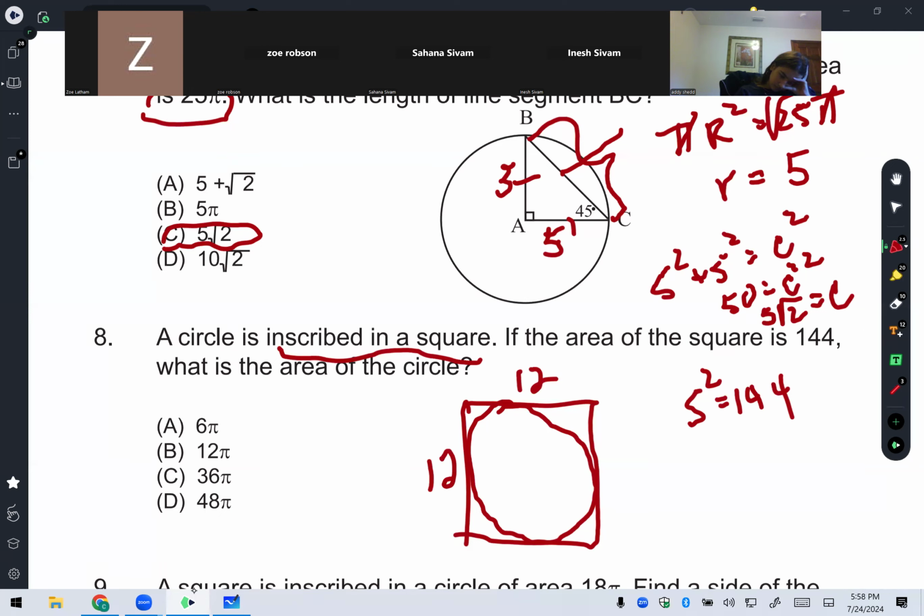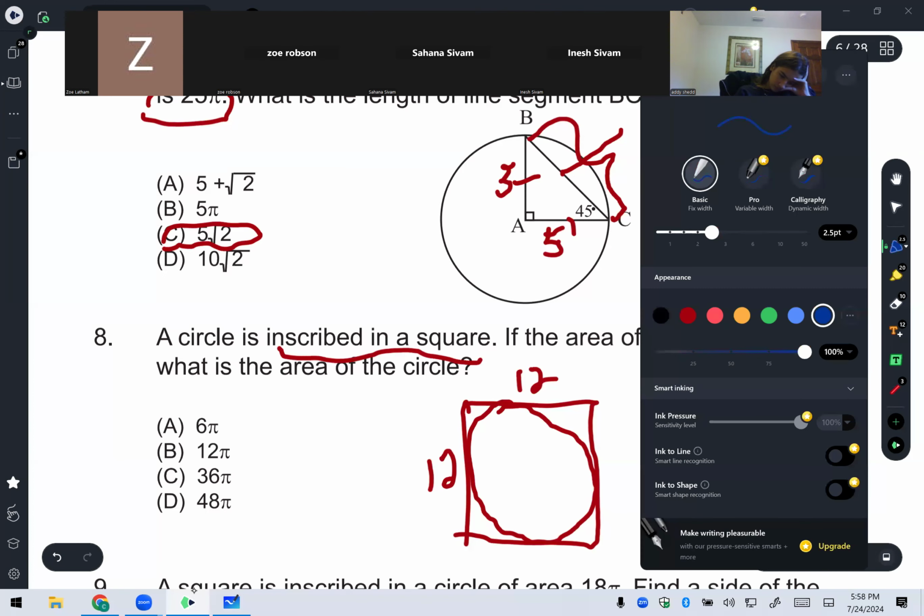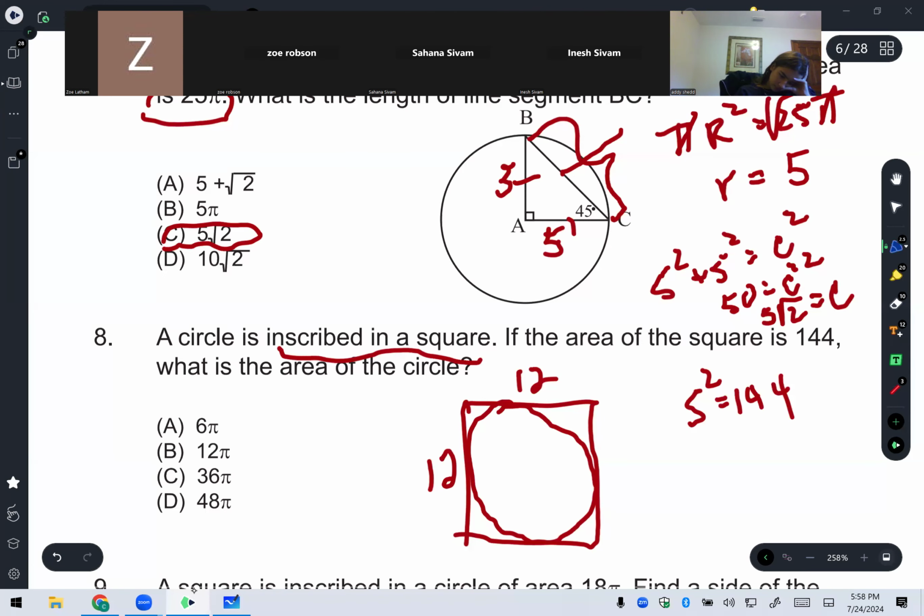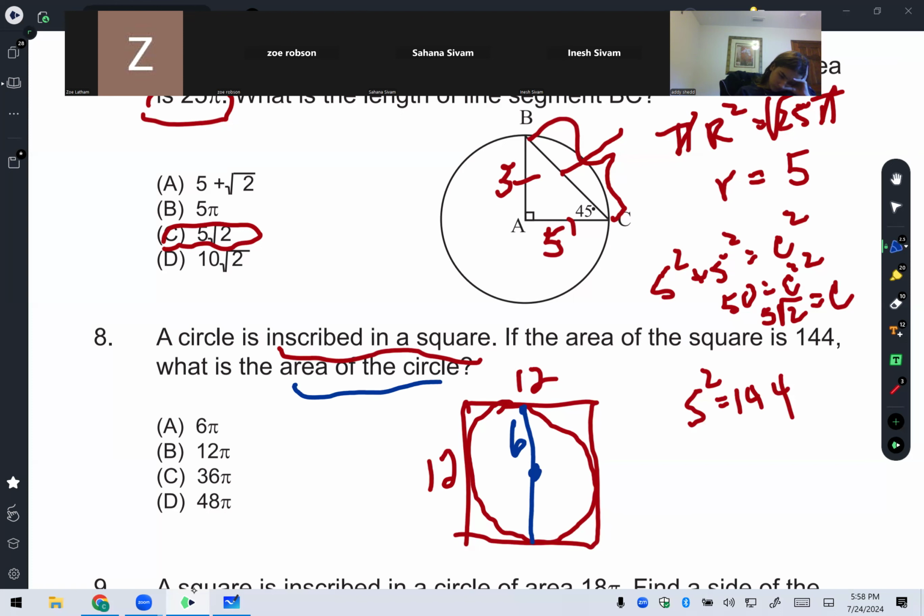Can anybody shout out what would be the circle feature that would be 12? Anybody see it? Diameter. It's going to be the diameter. Yes, the diameter of the circle will be the side of the square. So then the radius is 6. And so the circle would be 36 pi.